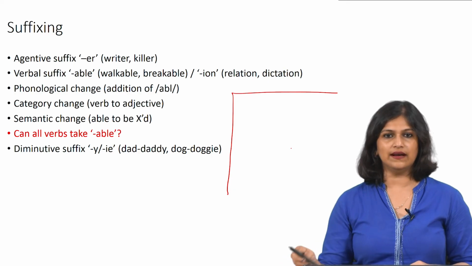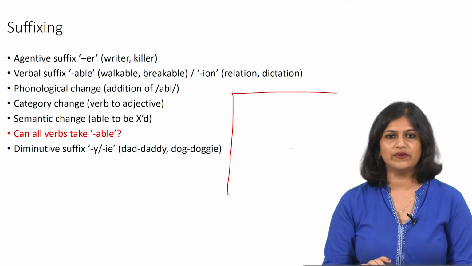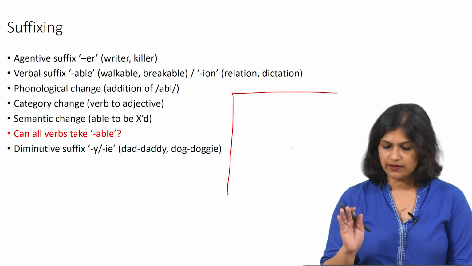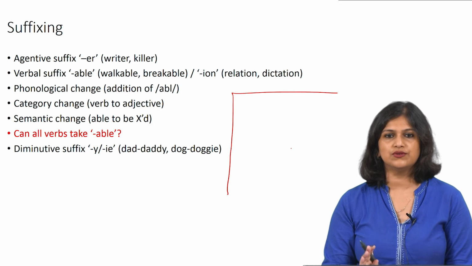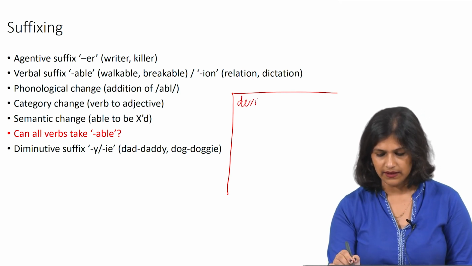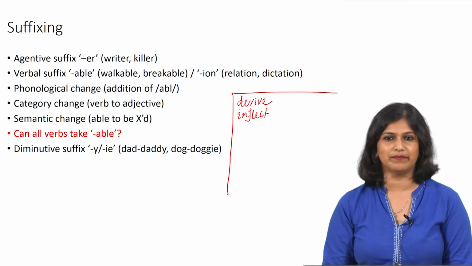Now, we are talking about affixes. Okay? When we talk about affixes, 2 things you need to keep in mind. Affixes do 2 different kinds of work: either they derive something or they inflect something. So, these 2 words you need to keep in mind.